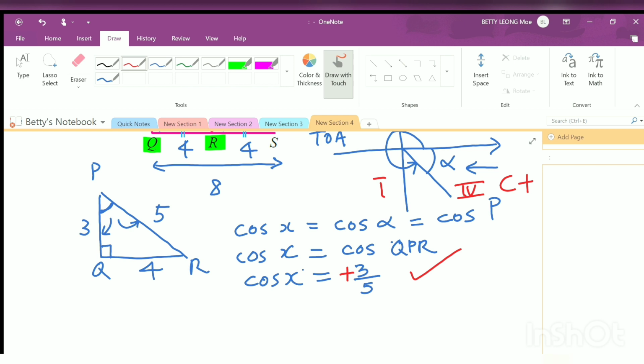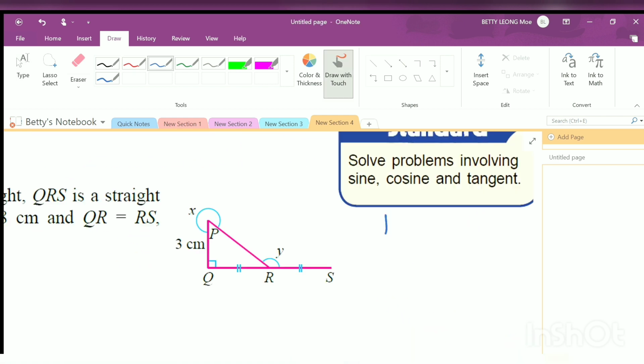What about your tangent y? Tangent y, you will look at here. This is your y, right? So we have to draw the quadrant. This one is your y-axis, and this is your x-axis, and this is your angle.